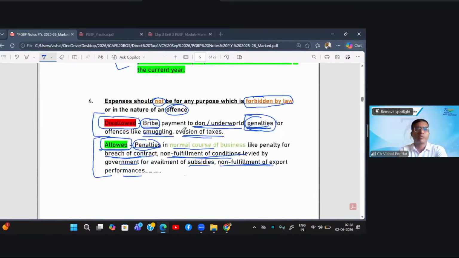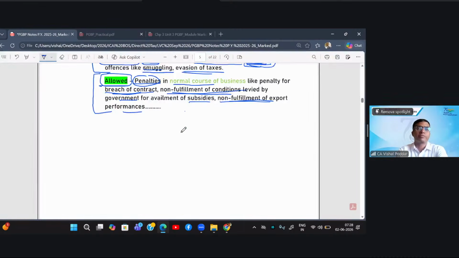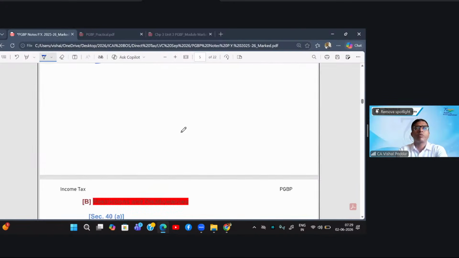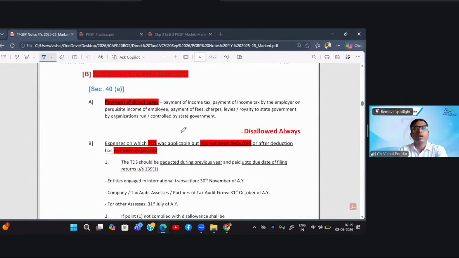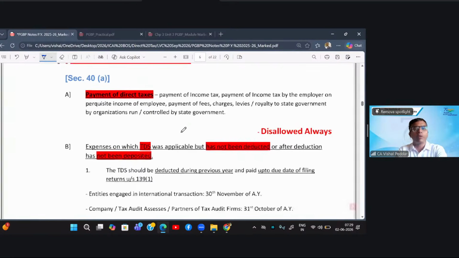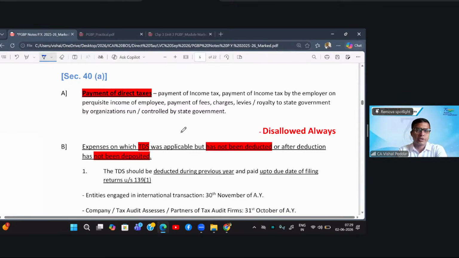So when you are solving the sum, besides the practical working, that is our reconciliation format that you will do, below your working, you have to mention in notes the reasons why you have allowed or not allowed a particular expense. And while writing those reasons, you will be mentioning the section or the provision, though you are not required to reproduce the entire section again. So that is not expected. You have to simply say that as per this section, it is allowed. Since these conditions are fulfilled, it is allowed. Or since this condition is not fulfilled, hence it is not allowed.